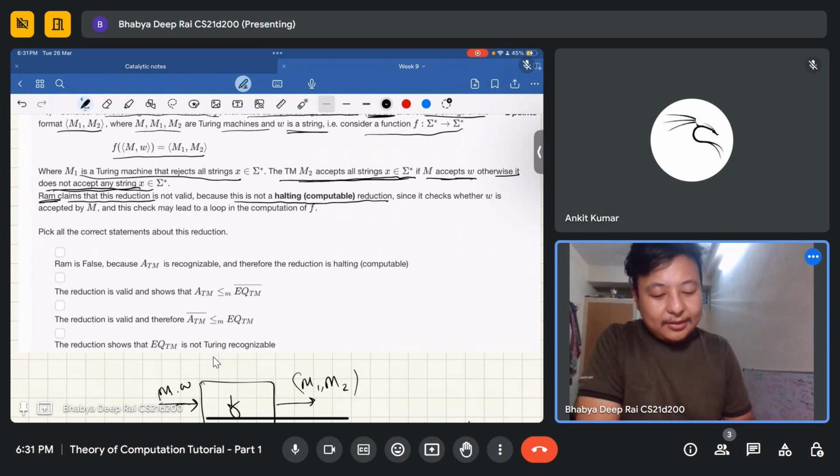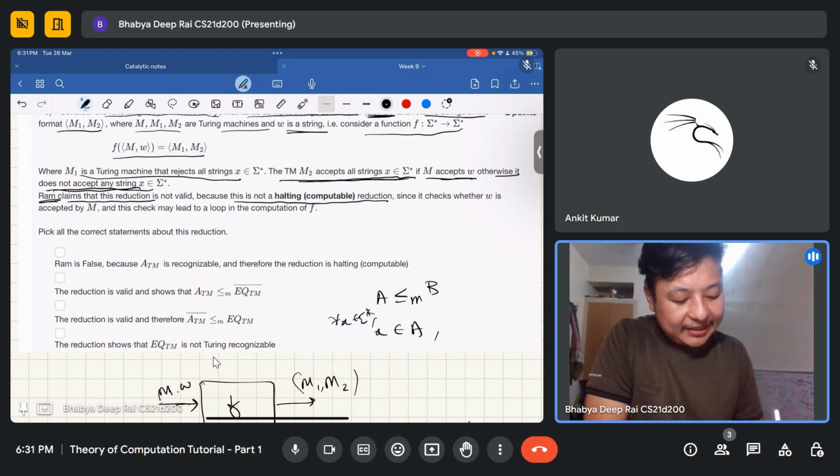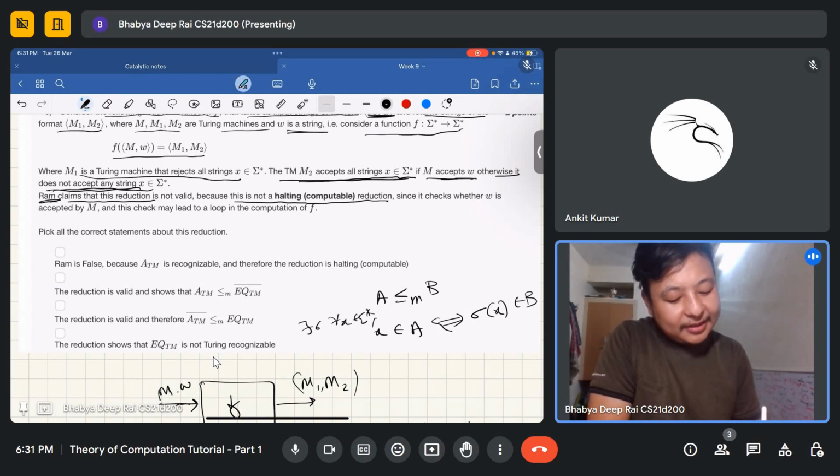Remember, how did you define reduction? A reduces to B if x is in A if and only if sigma of x is in B, for all x in sigma star. There exists sigma, and this is the reduction, this is the f here.